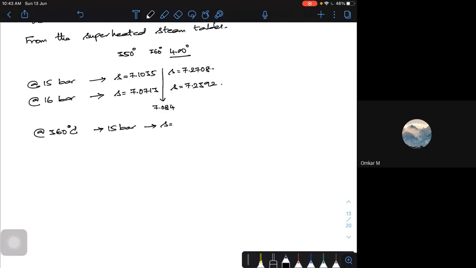At X bar I don't know the value. This S value is equal to 7.084. You have to get it for 360 degrees, so you have to interpolate and get the values. Then at 16 bar, your S is equal to, I have to get it. Can you get those values?